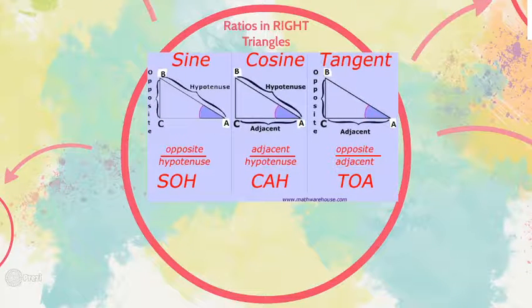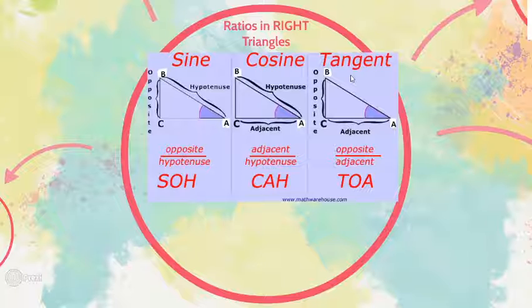Okay, so trigonometric ratios. There are three ratios that we're going to talk about, which are called the sine, cosine, and tangent. Sine, cosine, and tangent will compare different sides of the right triangle, which will help you to solve for either a missing side of your right triangle or a missing angle.